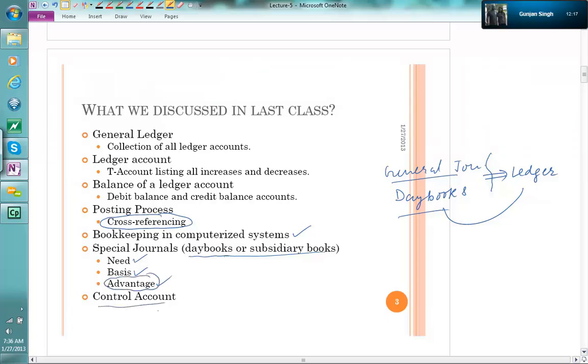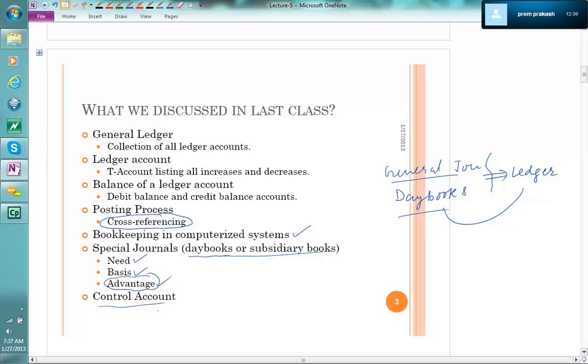And then lastly we talked about the control account. We were talking about different customers or different suppliers. Whenever we sell goods on credit, we will have accounts receivable, so there will be some amount we will receive from each customer.